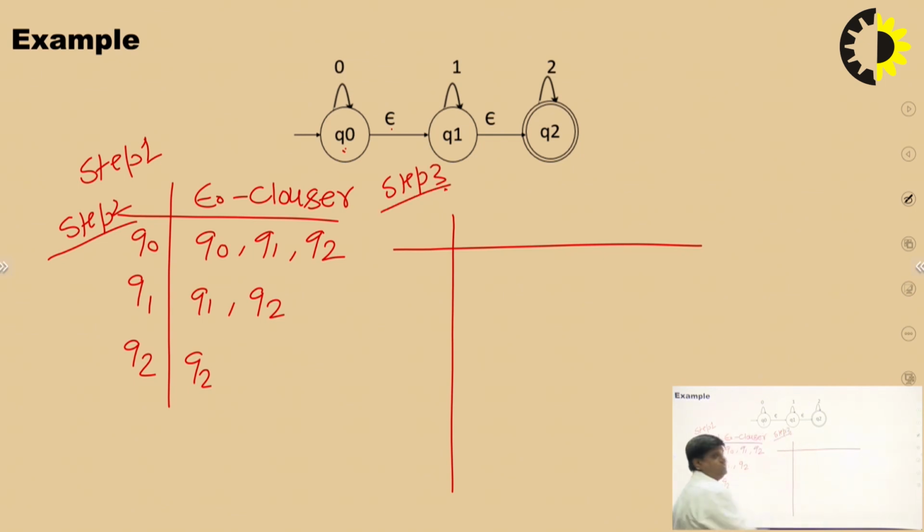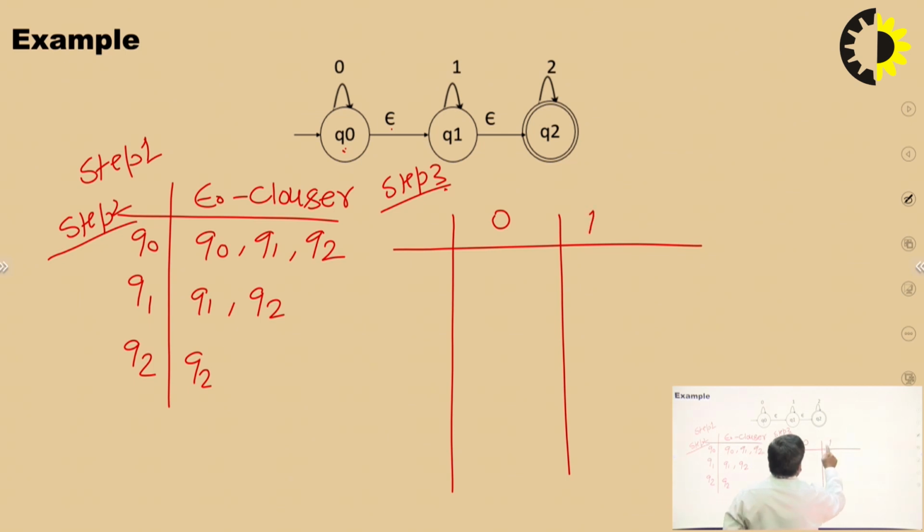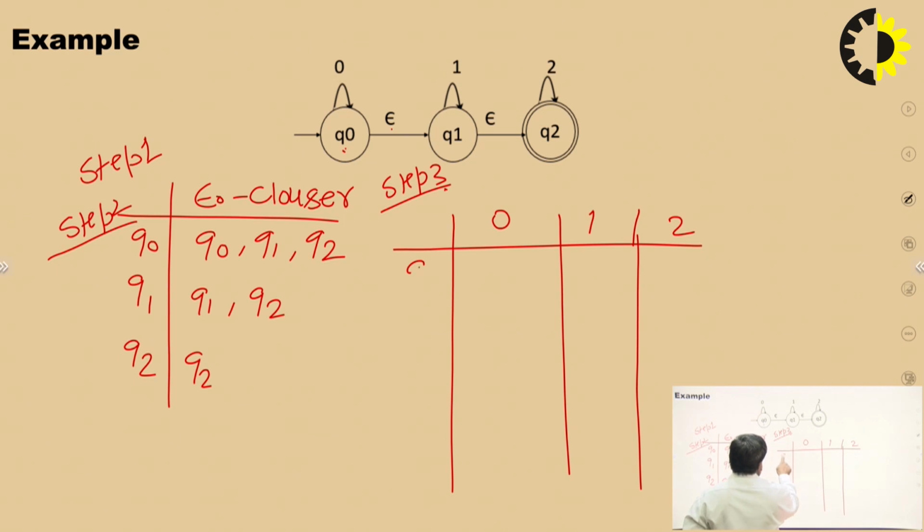Next is step 4. We draw the transition table for 0, 1, 2 and Q0, Q1, Q2.